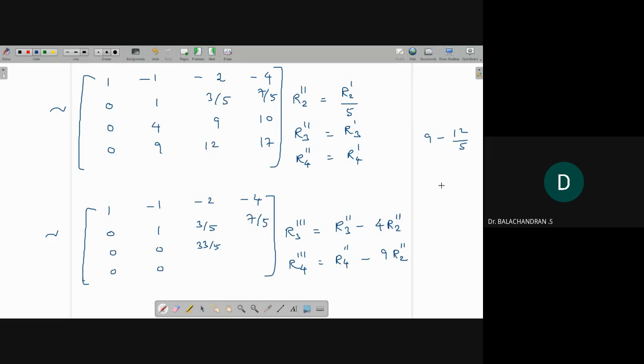And then 10 minus 28 by 5, so 50, so 22 by 5. And here 12 minus 27 by 5. So 60 minus 27 by 5. So 33 by 5.